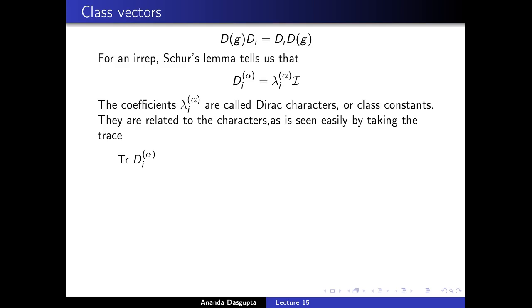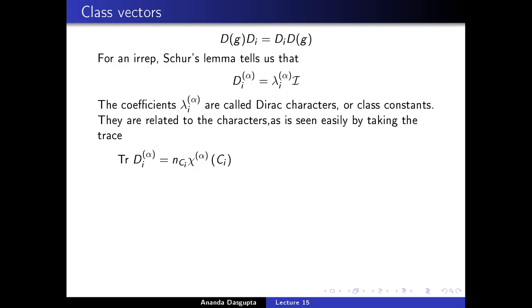But note that each and every one of these group elements belong to the same class, namely Ci, and therefore they contribute exactly the same amount. All the characters that go into this sum are the same. So what you get is simply the character corresponding to the ith class, chi alpha Ci, times the number of elements in this sum, which is simply nCi. So what I get is trace of Di alpha is nCi chi alpha Ci.